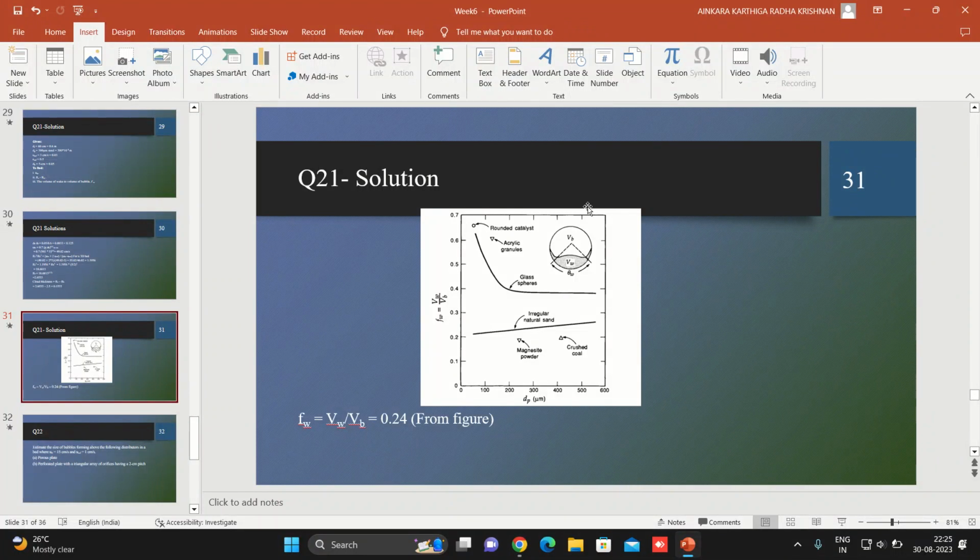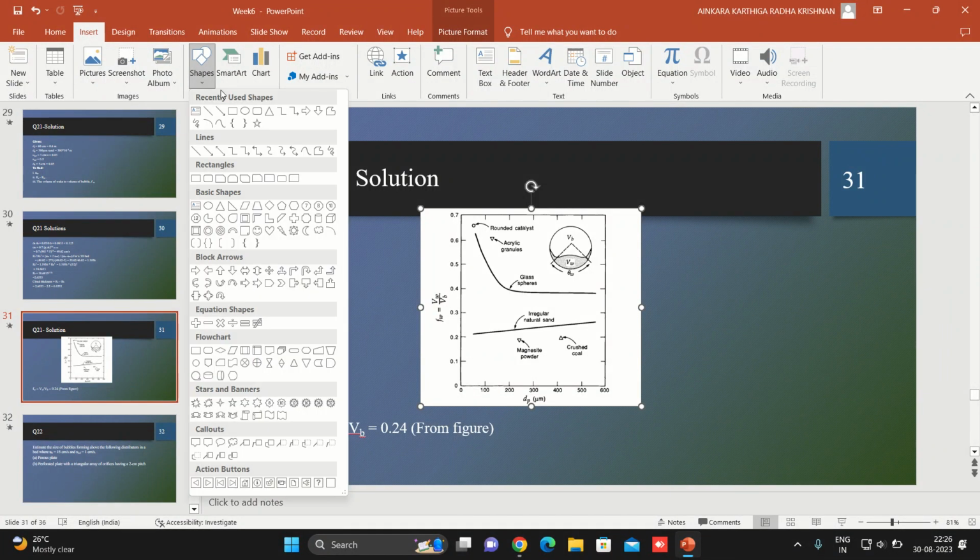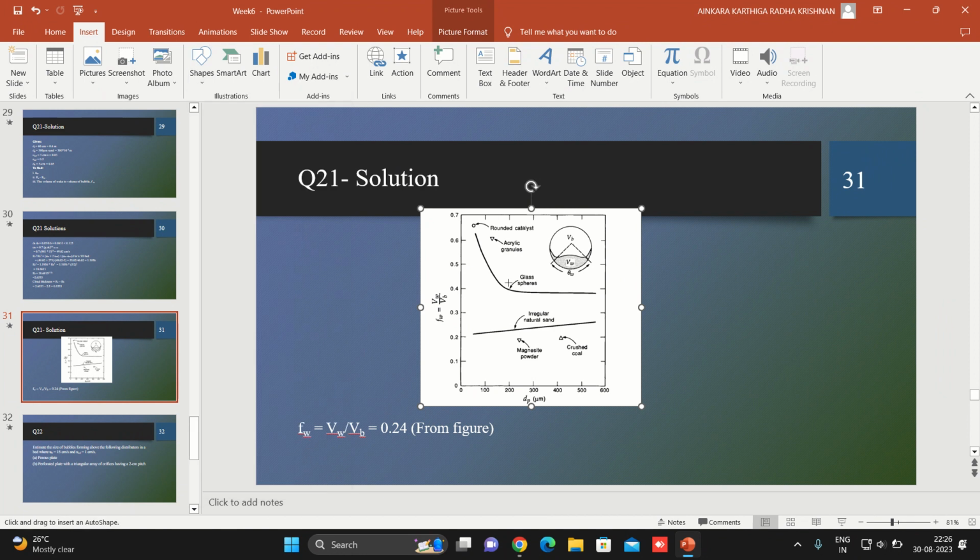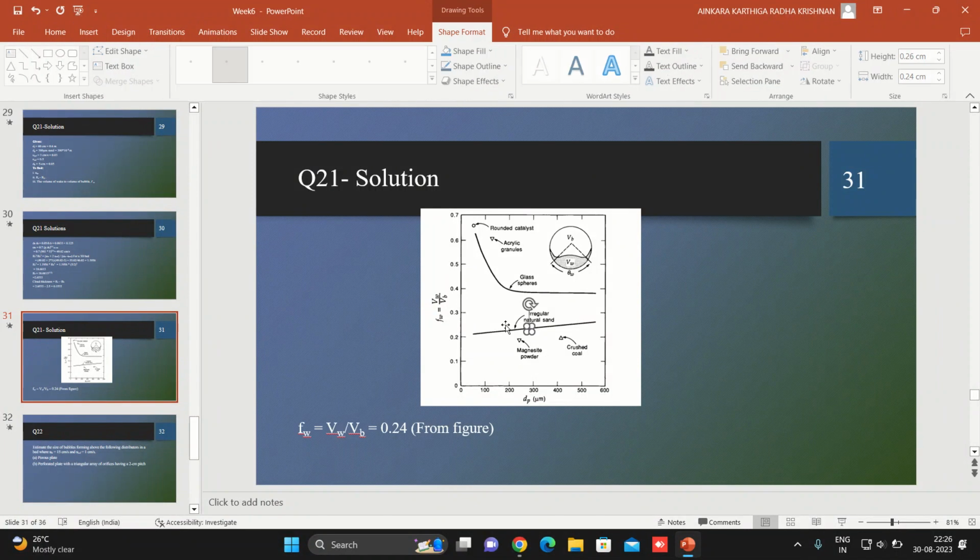Okay, we can drop a text actually. Insert shape, round. So it is 300 microns, so it is coming somewhere around this.